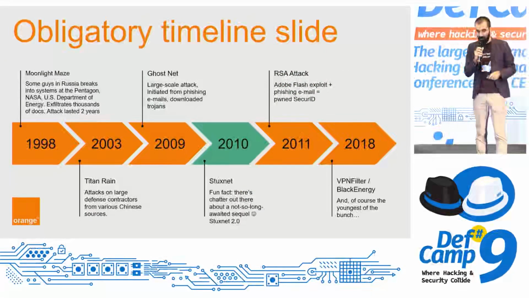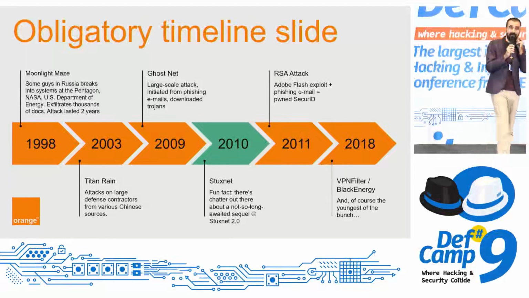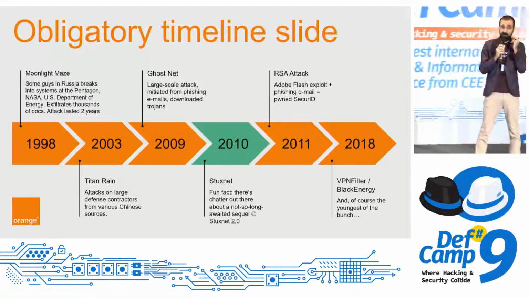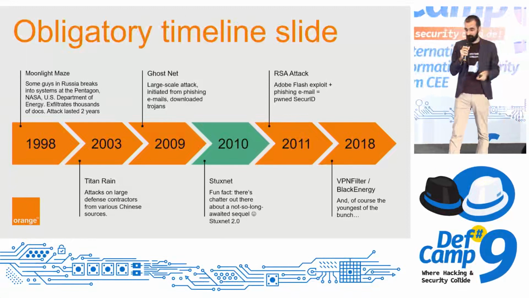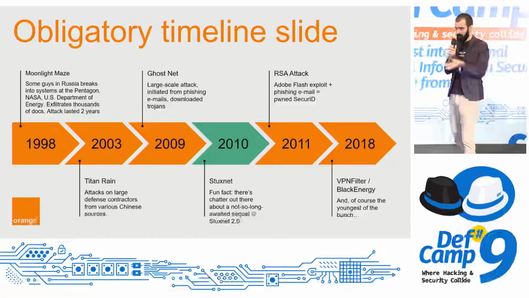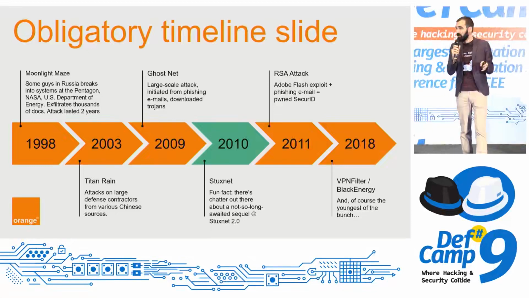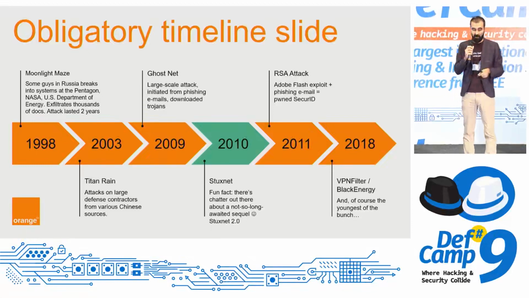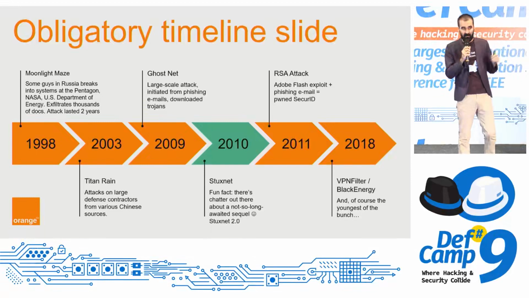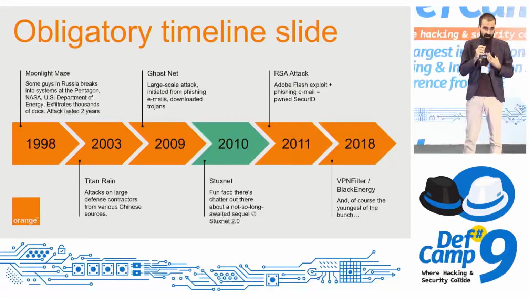And there you have it, your obligatory timeline slide, and this answers my first question, or actually my second question, about the James Bond movie. I know most of you are familiar with this. Most of you have seen this. Some of you have even worked with this. You have your Moonlight Maze, the first APT that I, for one, know about.